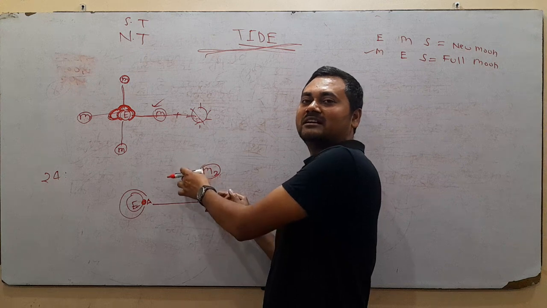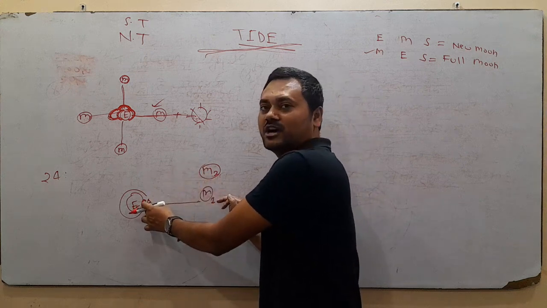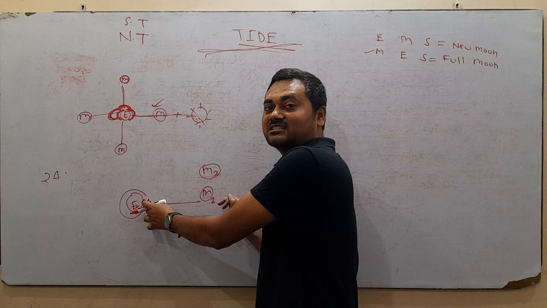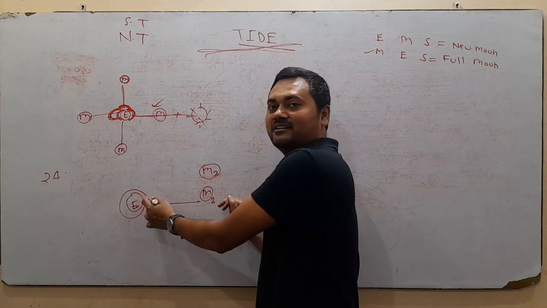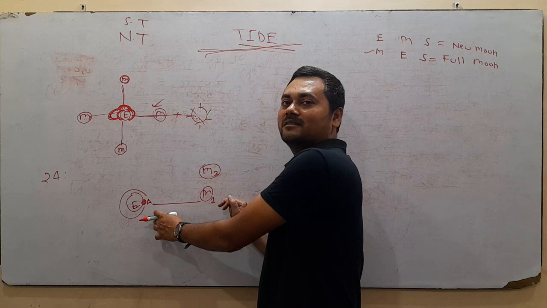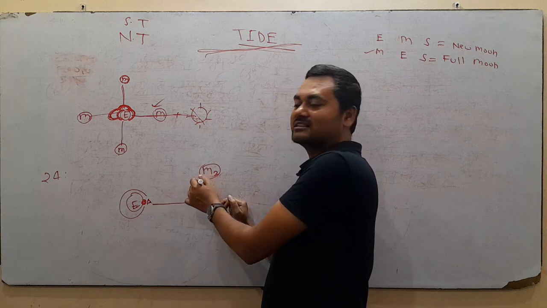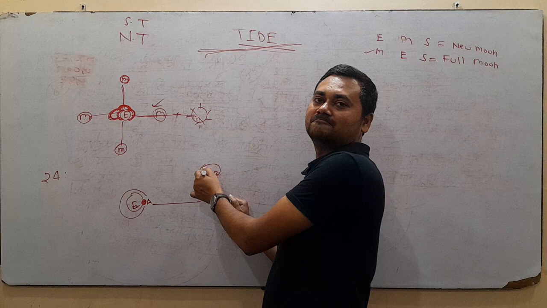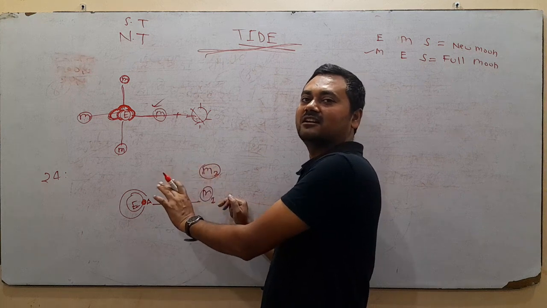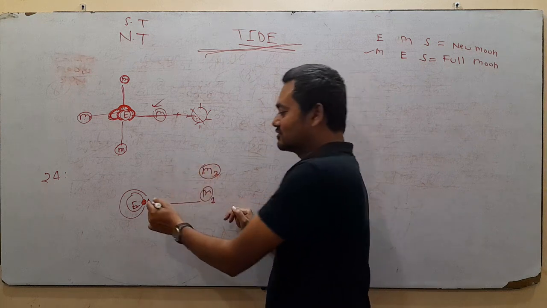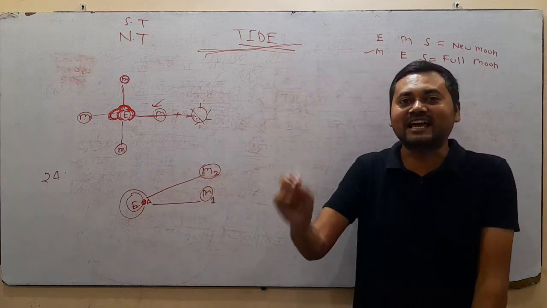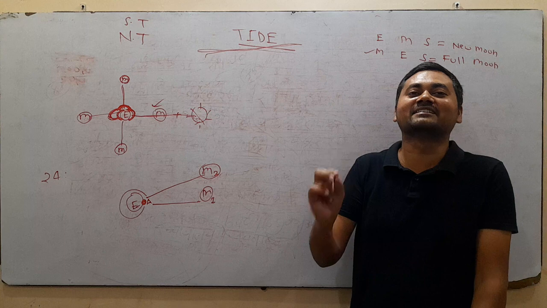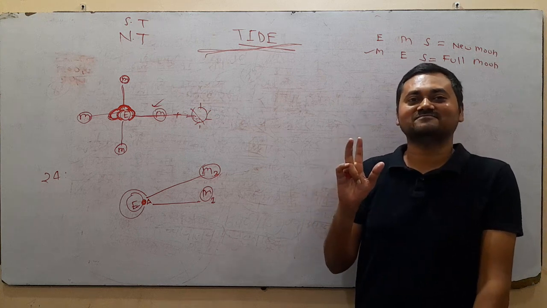So you have to cover some extra distance in order to bring that place A exactly under the moon, that is exactly under the M2. And that extra distance will require how much time?